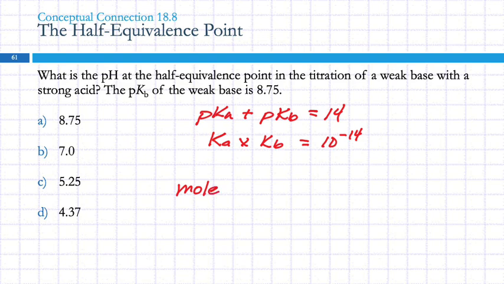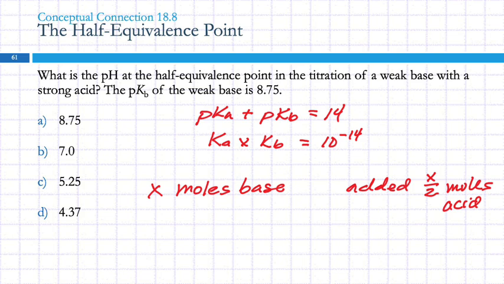so the moles, here we're titrating a base. The moles of base, and how to say this? So if we have X moles of base, at the half equivalence point, we've added X over 2 moles of acid.